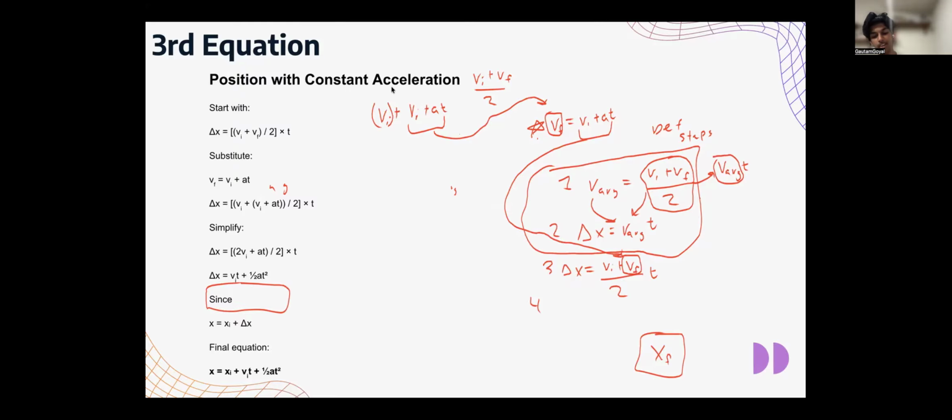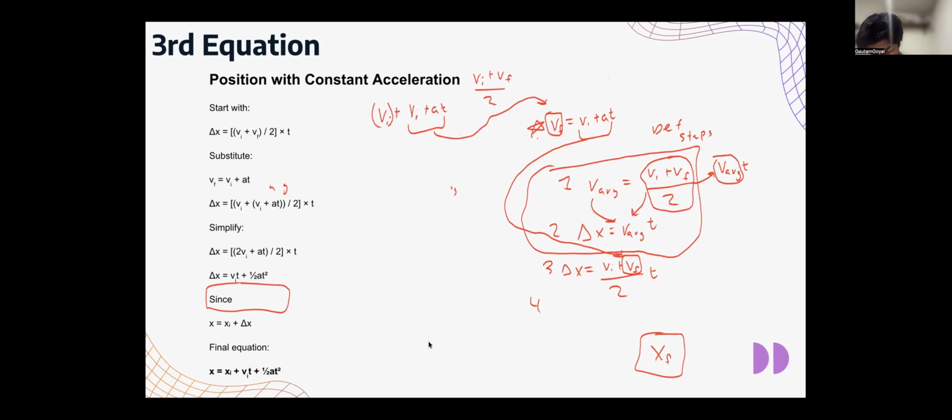But if you're ever given the final velocity and you don't have the initial velocity, you can reverse the role, where you have V sub F minus AT is equal to the initial velocity, and then you input that for the initial velocity. But for right now, we're not going to do that because we don't need to, right? This is not part of the four kinematic equations, but this is, right?